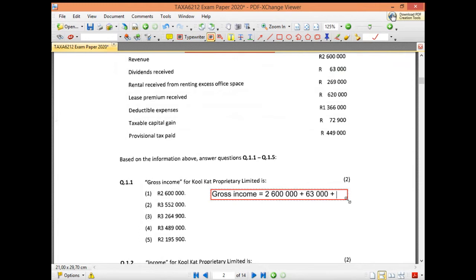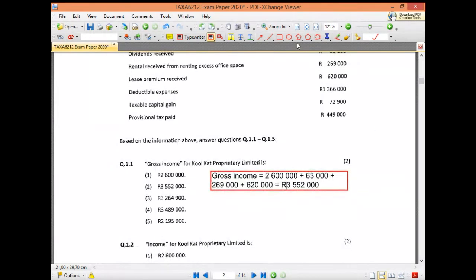Then your rental received and your lease premium are specific inclusions, so you add those as well. If you add all of those together, you should get to an amount of 3.52 million. Based on that, you will see the answer is number 2.